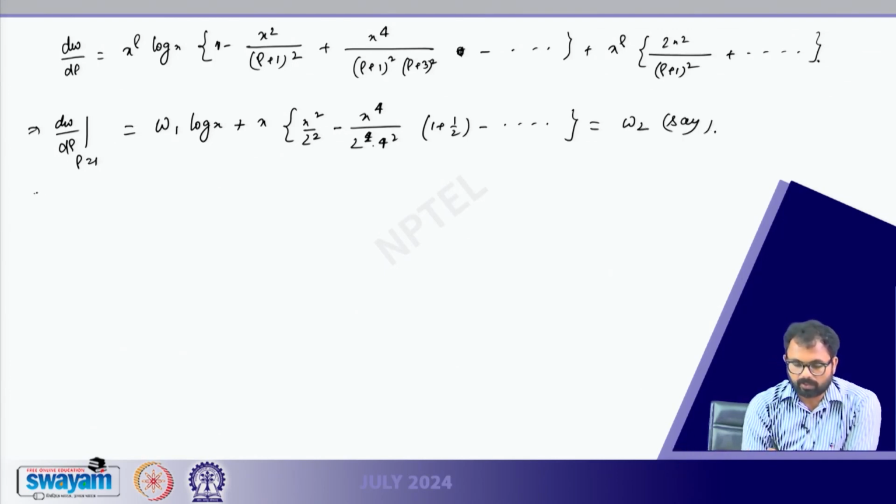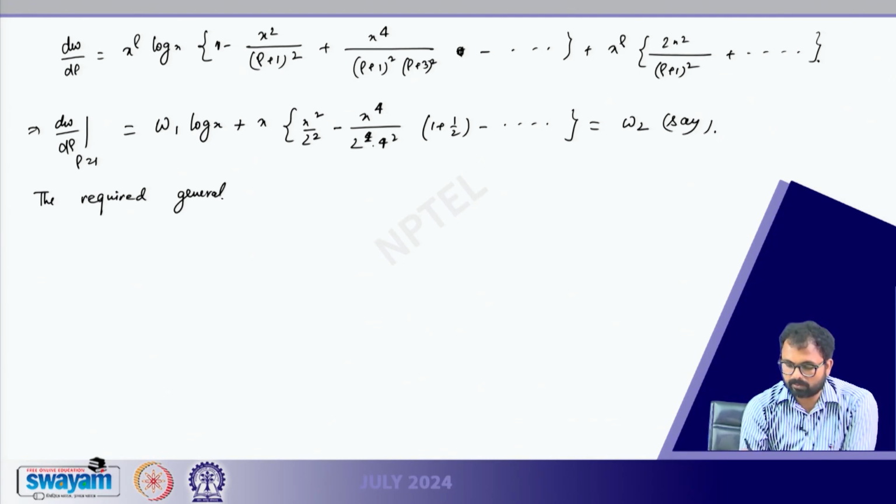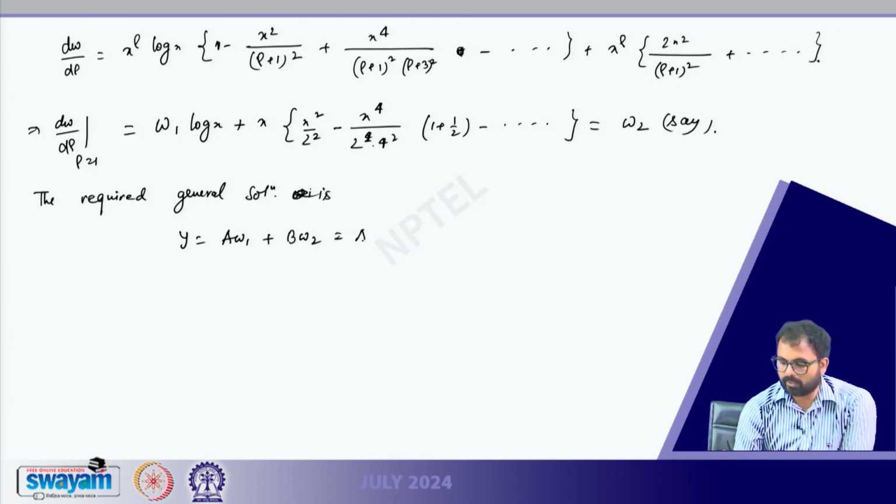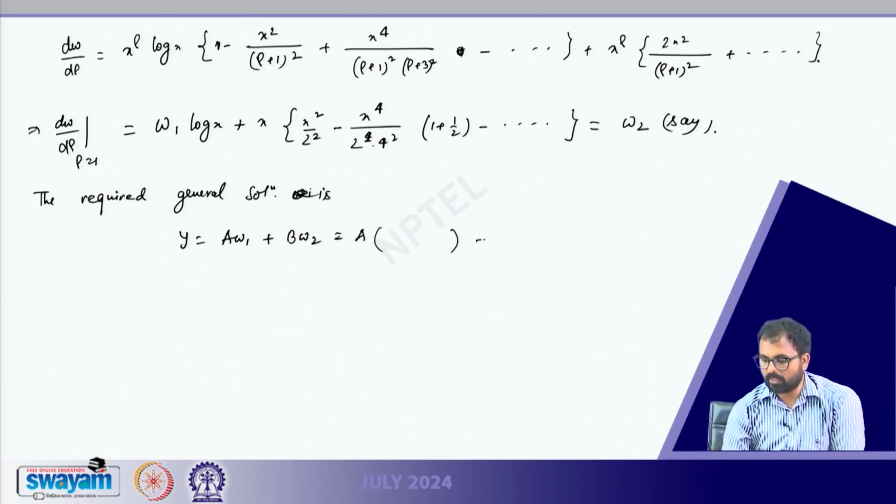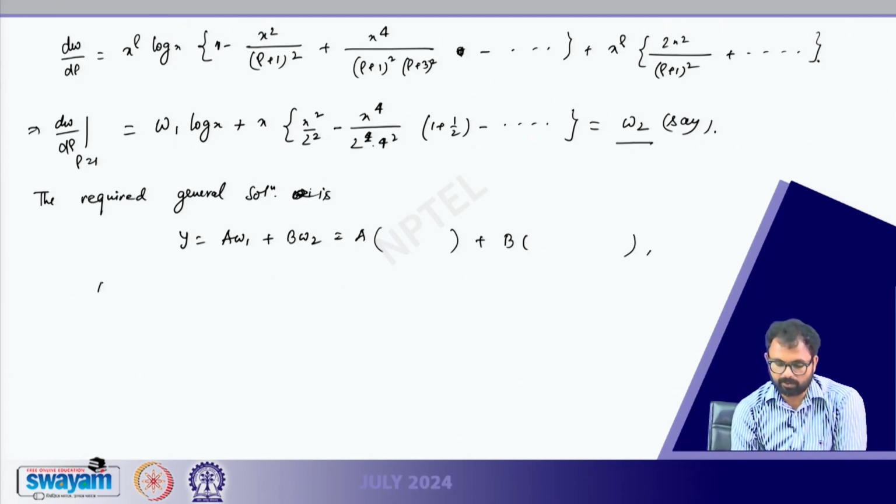Therefore, the required general solution is y equals a w1 plus b w2, where a w1 will be the entire expression we calculated on the previous page, and b w2 is whatever we have calculated here, where a and b are arbitrary constants.